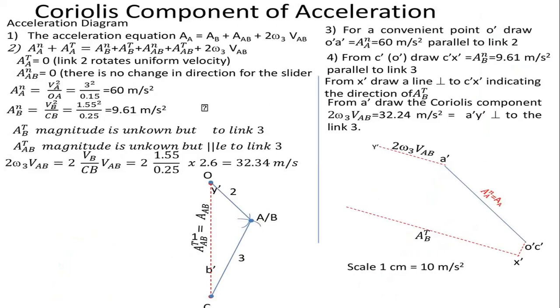The velocity diagram has been obtained, and from this we are going to draw the acceleration diagram. So we have the acceleration equation: acceleration of A is equal to acceleration of B plus acceleration of AB plus 2 into omega of the third link and velocity of AB. So this is the acceleration equation for the acceleration diagram of A.